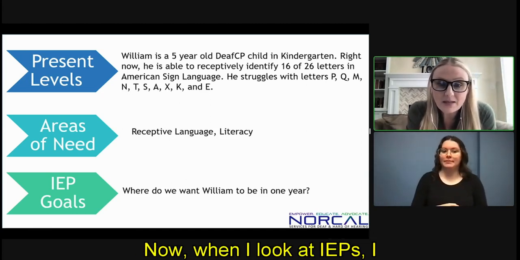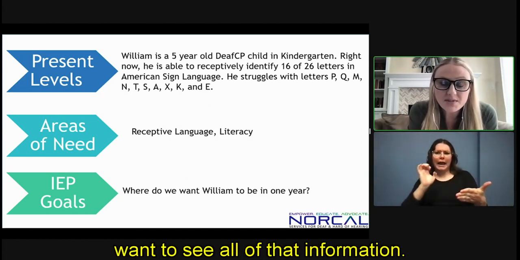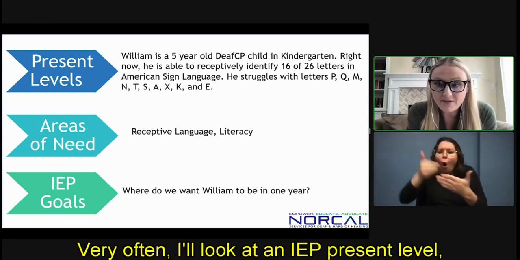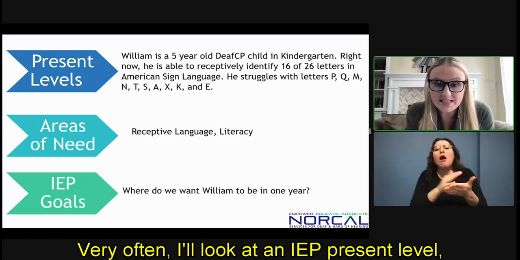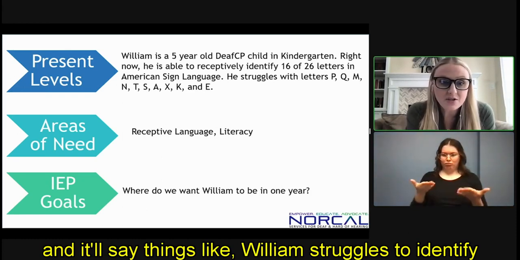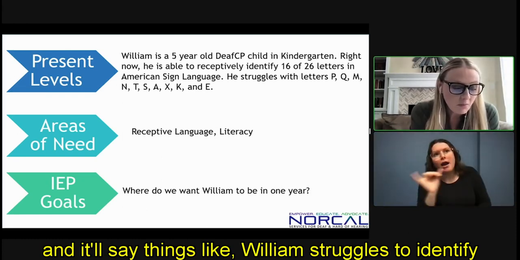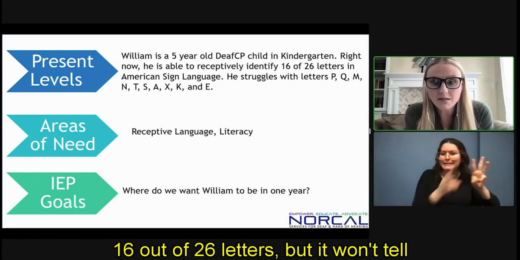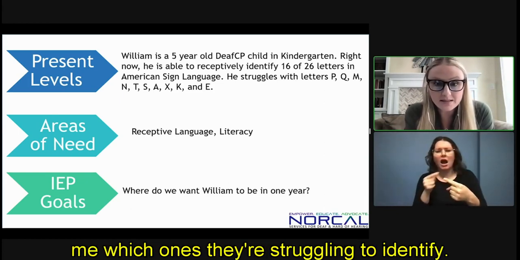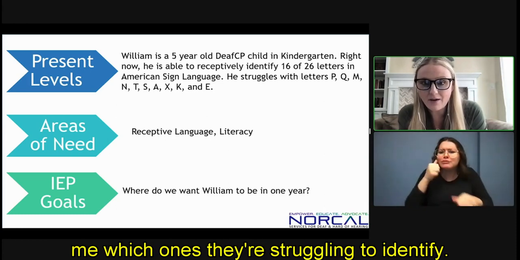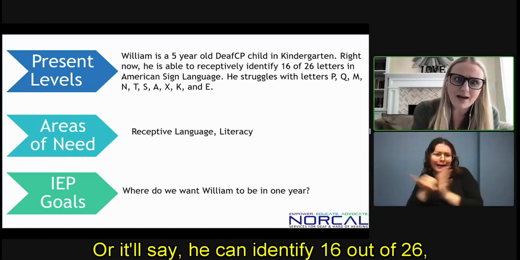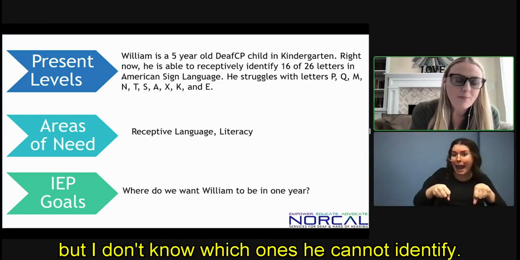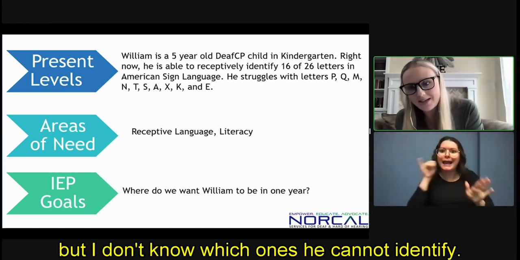Now, when I look at IEPs, I want to see all of that information. Very often I'll look at an IEP present level and it'll say things like, William struggles to identify 16 out of 26 letters, but it won't tell me which ones they're struggling to identify. Or it'll say he can identify 16 out of 26, but I don't know which ones he cannot identify.